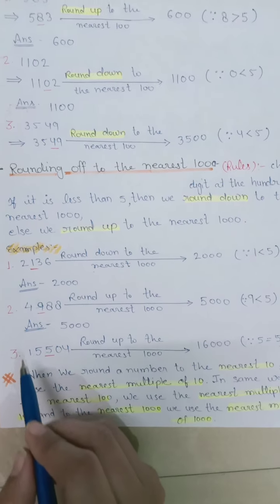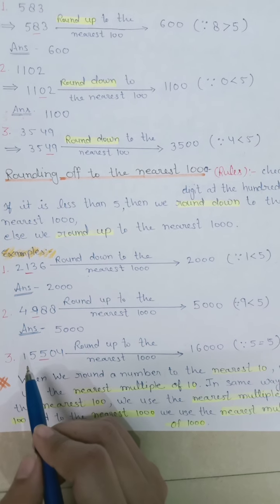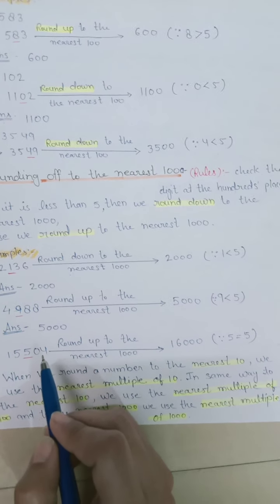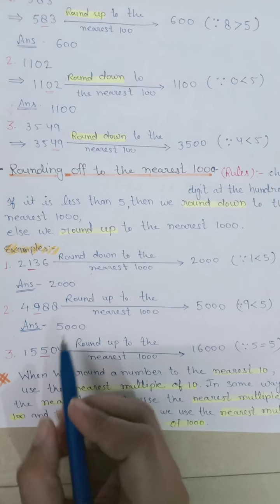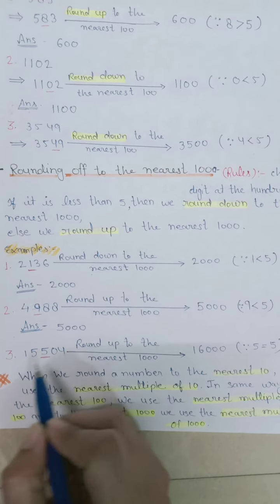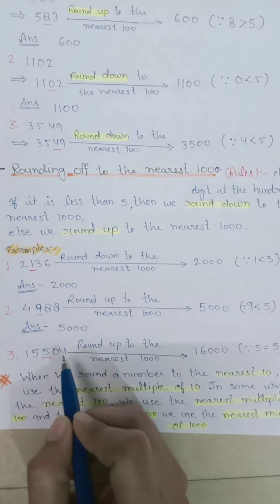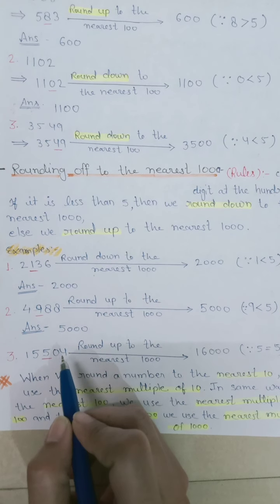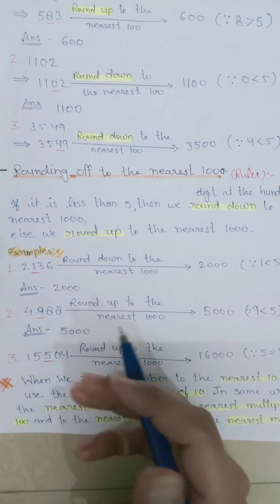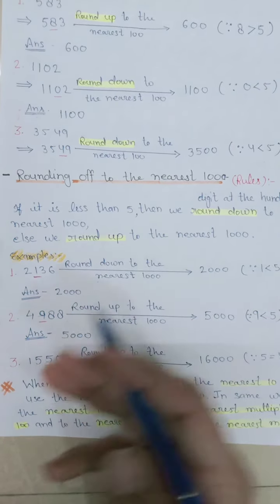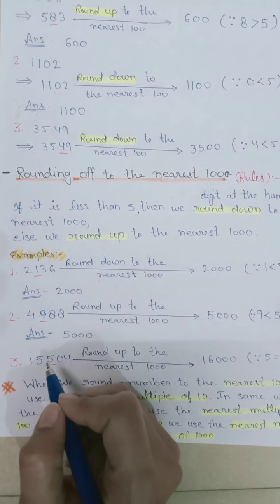Okay. Now come to example number 3, 15504. Students, I repeat once again, it does not matter how many digits the number has. What matters is that we have to round off to the nearest 10, 100 or 1000. And which digit do we have to check?